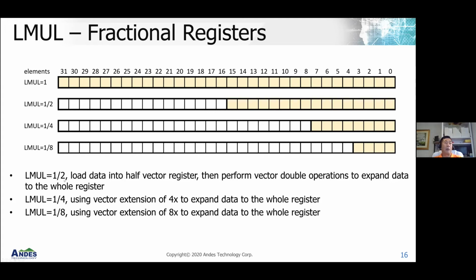The use case is that you load data into half of the vector register, and then you can perform a vector double-width operation to expand the data to the whole length. Or you can also load the data in at 8-bit, and then use a 4x extension to expand it out to 32-bit. That's one of the use cases.